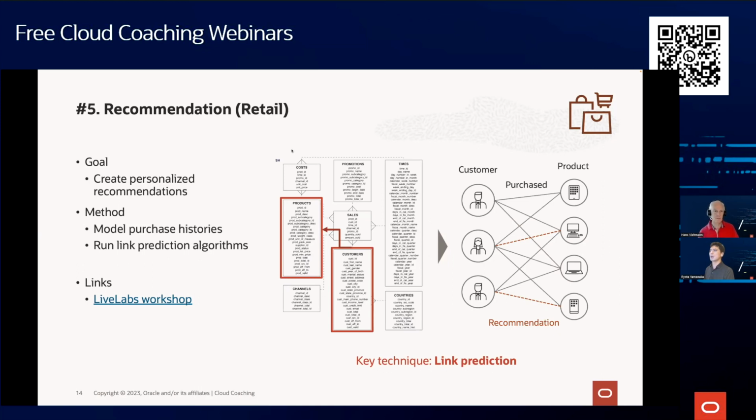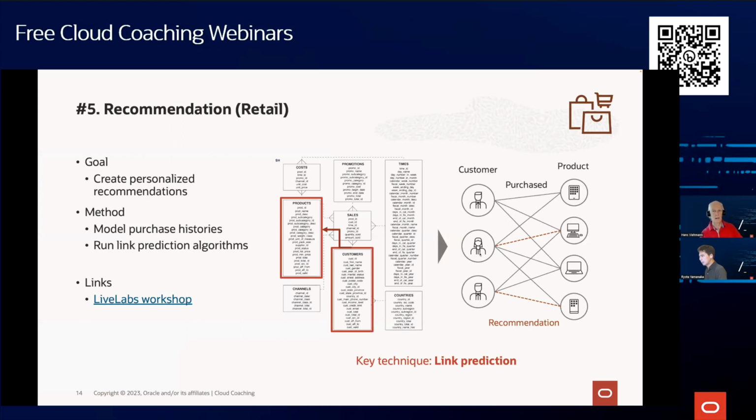So, recommendation engines, especially in the retail industry: the goal is to create personalized recommendations. Maybe you're familiar with such recommendation engines. To do that, we can model purchase histories like this from tables, and then run link prediction algorithms on the bipartite graph like this. Here, you can imagine that we create a graph from the purchase history information: customer here, product here, and the sales table here.